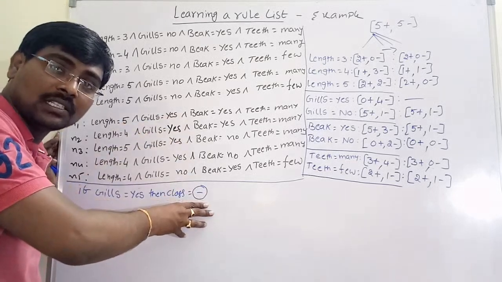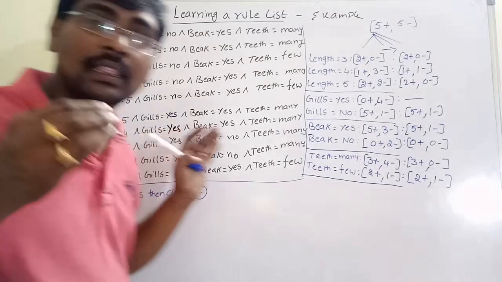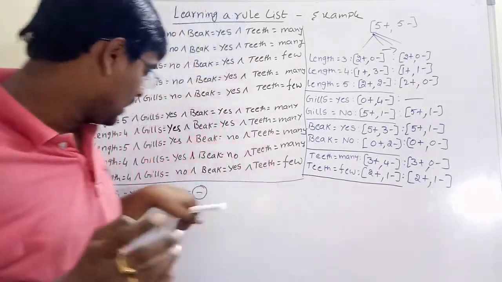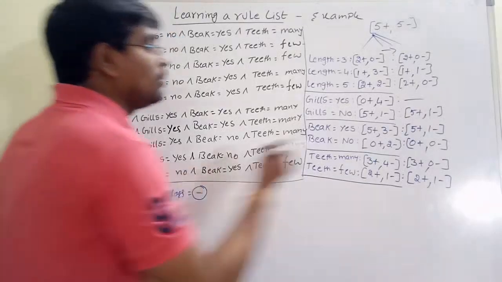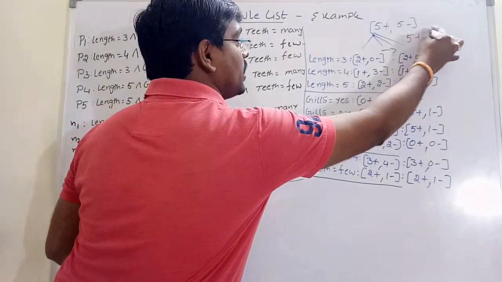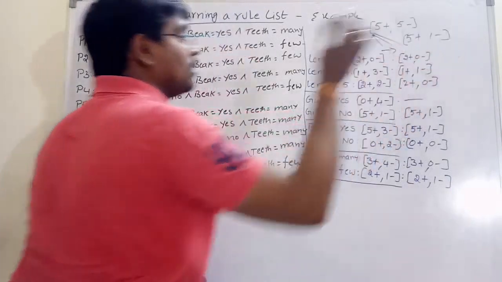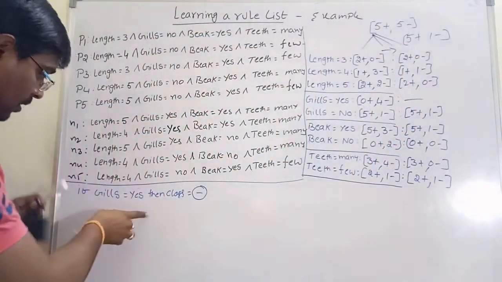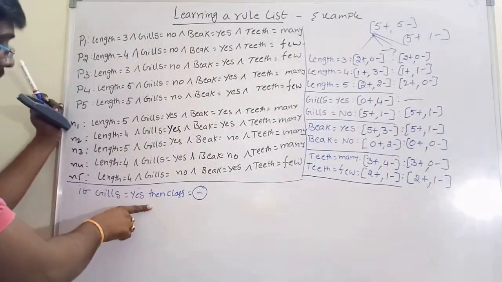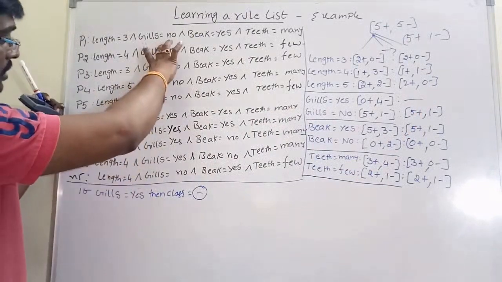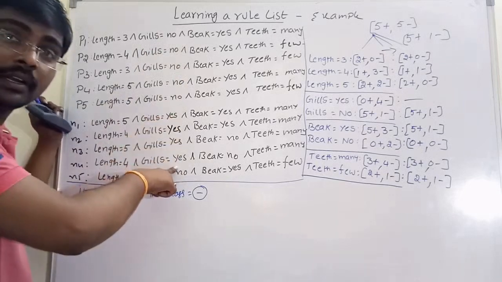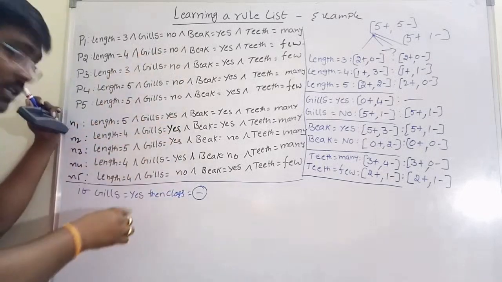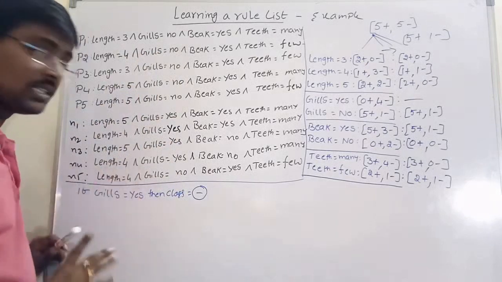That is, we are removing those instances from our example. Now how many does it contain? 5 positives and 1 negative. That means after performing gills is equal to yes, the 5 positives are available and these 4 negatives are eliminated. We have 5 positives and 1 negative available.